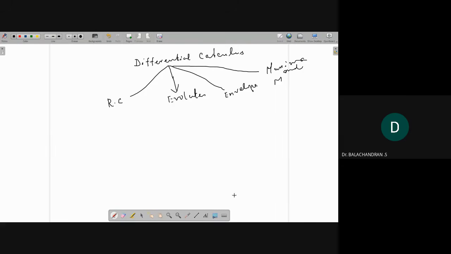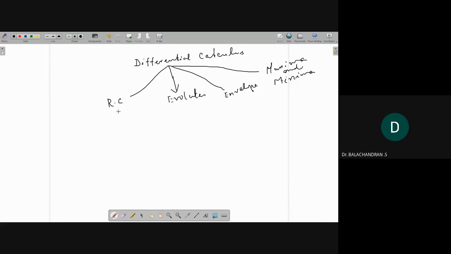Maxima and minima. So these are the four major sections in the first unit: radius of curvature, evolutes, envelope, maxima and minima.